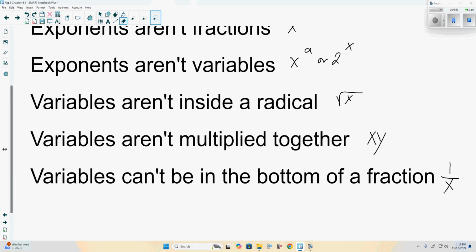And lastly, variables cannot be in the bottom of a fraction. Not that bad.